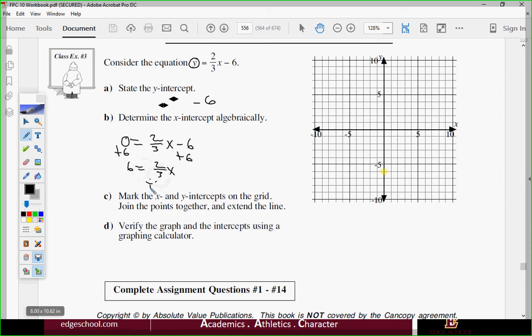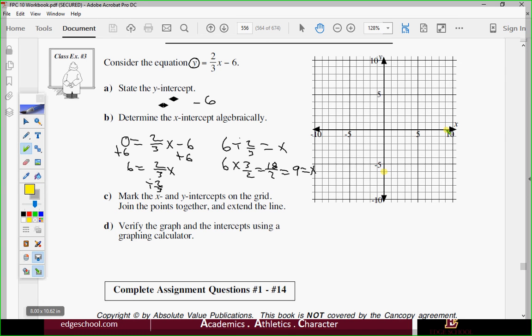Divide by 2/3. So it's going to be 6 divided by 2/3 equals x. That's just fraction work. You flip and multiply, which is 18 over 2, which is 9. So 9 is your x-intercept. Right there.